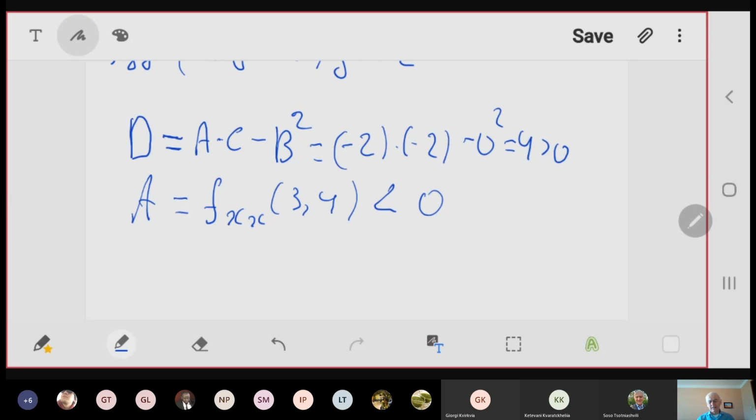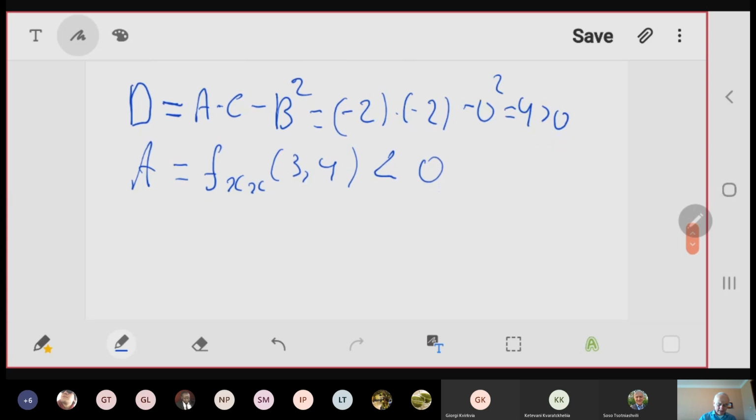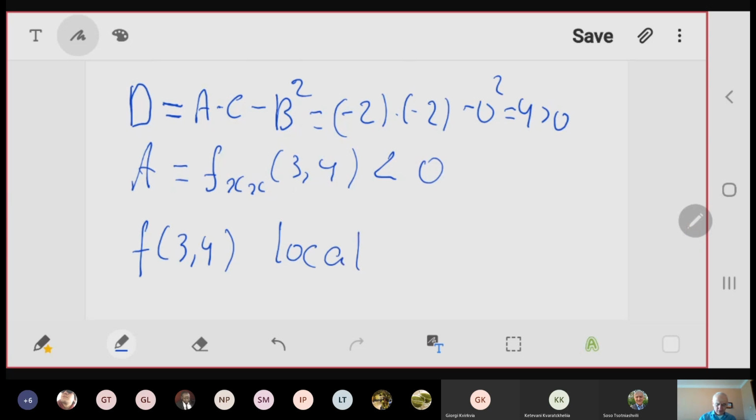We know it's minus 2, but I wrote only that it's less than 0. You can write that it equals minus 2. Okay, so now I know definitely that f(3,4) is a local maximum.